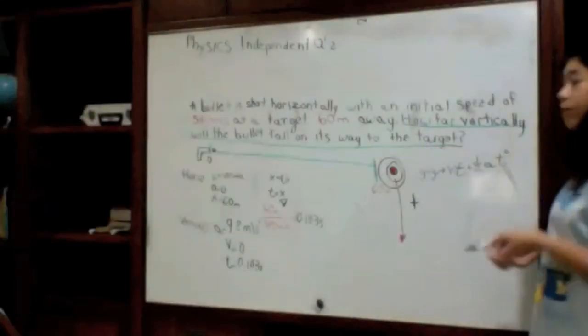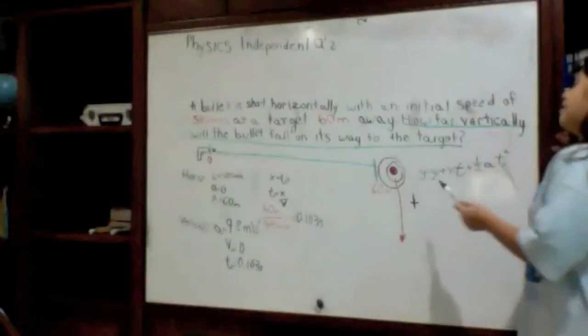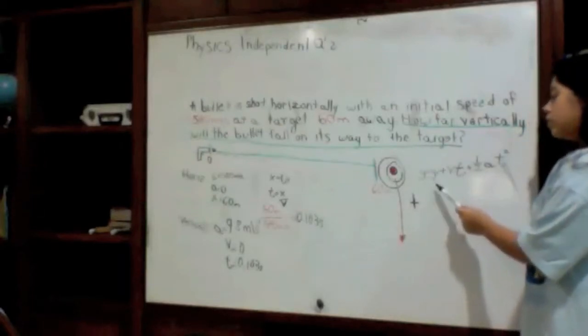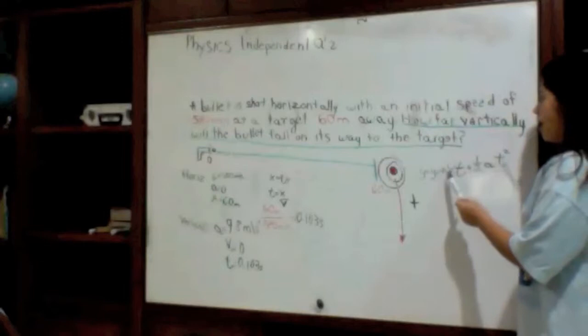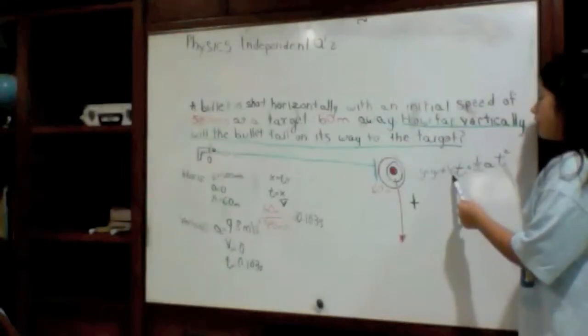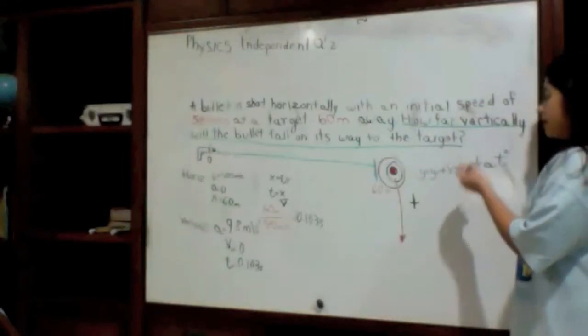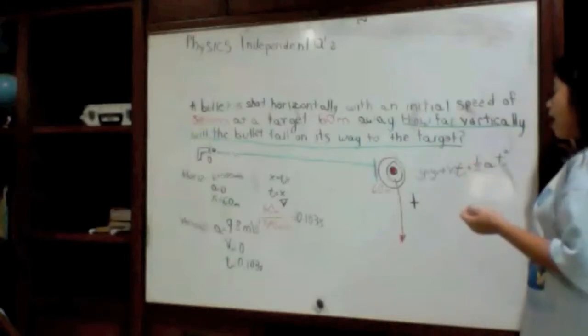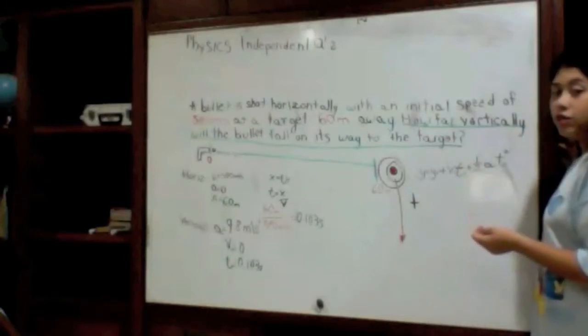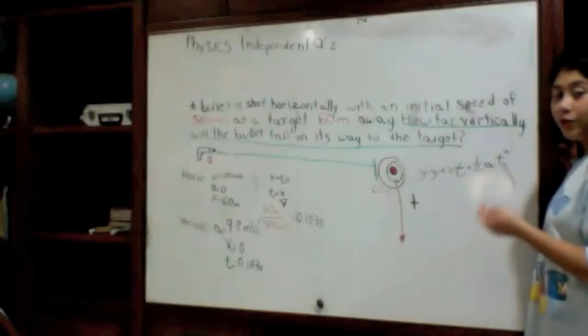Okay, now we're going to use an equation which is position is equal to initial position plus initial velocity times time plus 1/2 times acceleration times time to the power of 2.